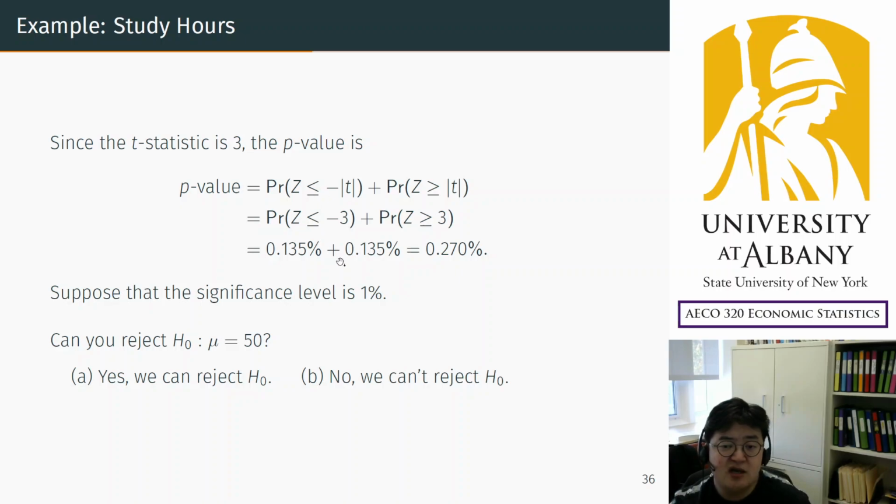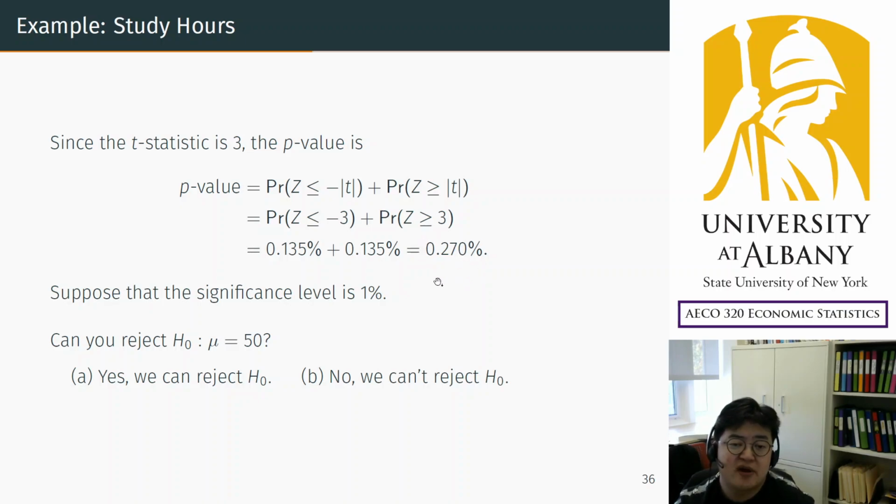Calculate that probability. By the way, due to the symmetry, these two probabilities are always the same, so you just need one of them. Anyhow, the one-side probability is 0.135%. If you add two tails, it will be 0.27%.